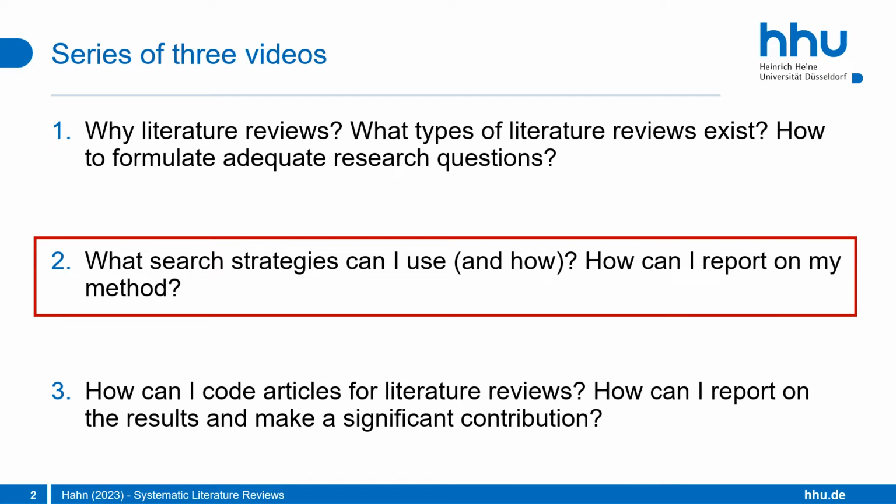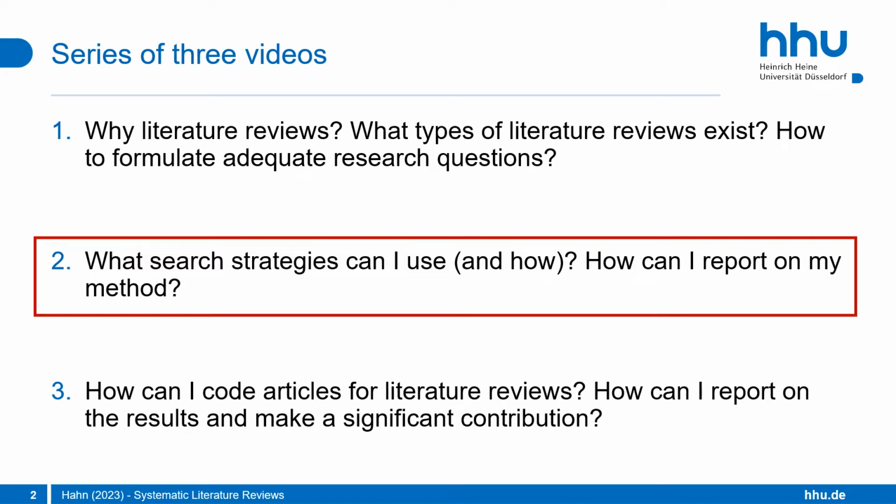Allow me to first briefly summarize these 3 videos for you. The first one was on the questions of why to do systematic literature reviews, what types of literature reviews are out there, how do you formulate adequate research questions. The second one, this is the one that you're in right now, is about what search strategies you can use, how you can combine them, and how you can report on this method.